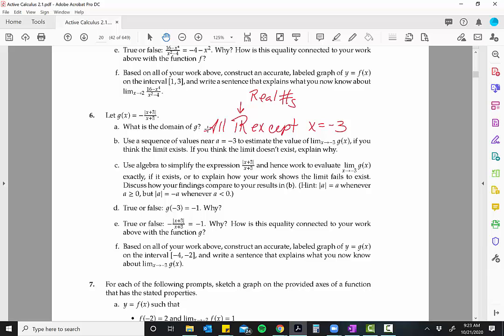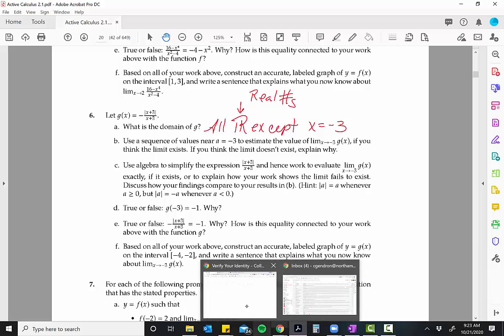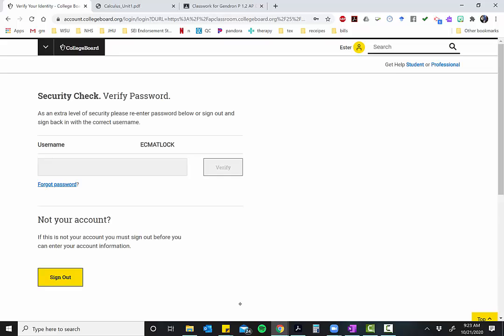All right, so we want to use a sequence of values near a equals negative 3 to estimate the limit of g of x as x approaches negative 3. If you think the limit exists, estimate it; if you think the limit doesn't exist, explain why. Okay, so we're going to go to Desmos.